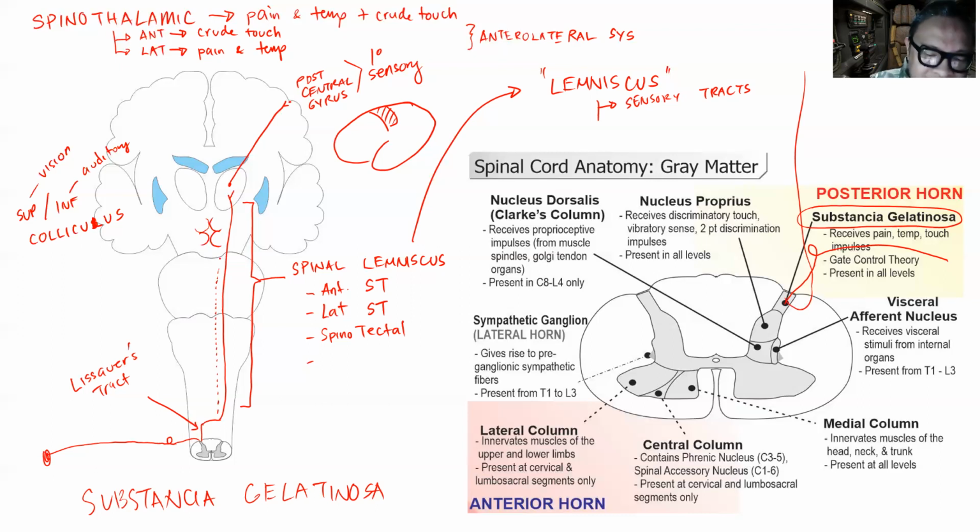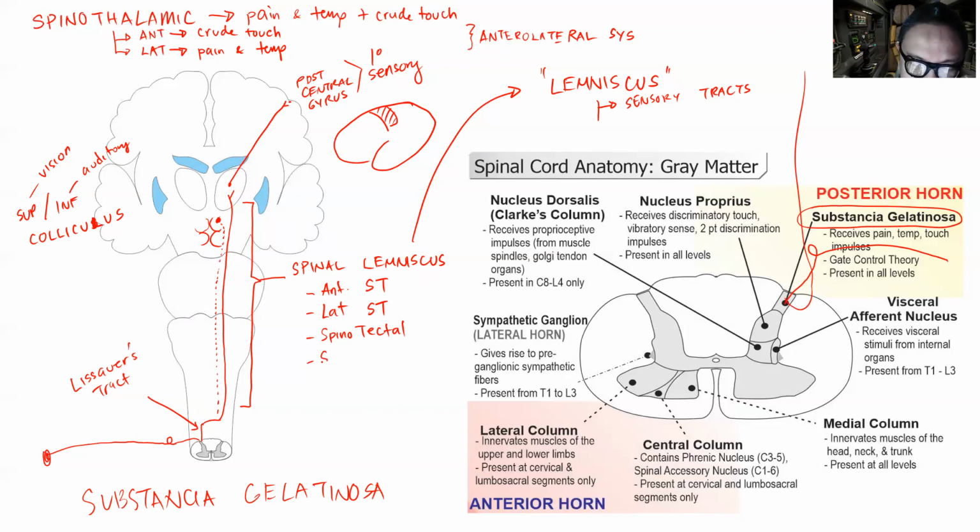So your spinotectal tract synapses with your superior colliculus and then goes up. Okay, so that's your spinotectal tract. It's a nice protective mechanism. So you now see all these structures coming together. And when you talk about the spinotectal tract, just think of horror movies.